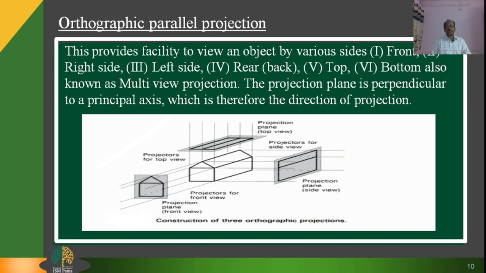These orthographic projections are called multi-view projections, since they provide the facility to view an object from various sides like front, right side, left side, rear, that is back, top, bottom, and in all these the projection plane is perpendicular to a principal axis, which is therefore the direction of projection.